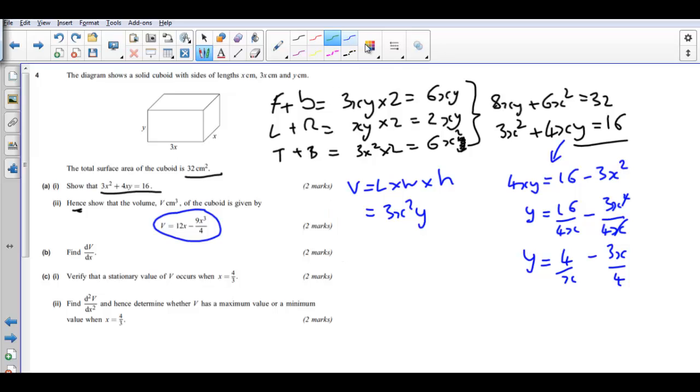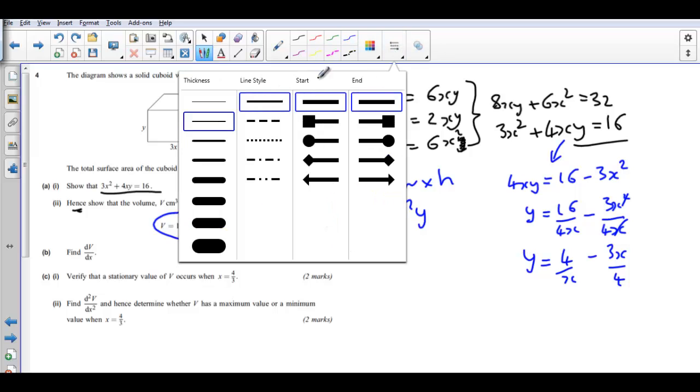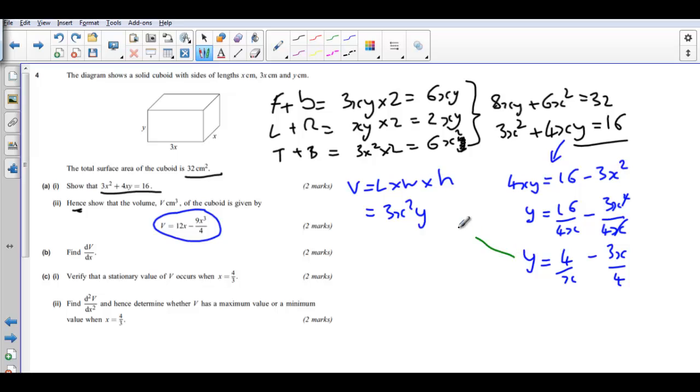Okay, getting there. Now let's just sub that into our equation for the volume. We get 3x squared times by 4 over x minus 3x over 4. Multiplying it out, that times that is going to give me 12x squared over x.